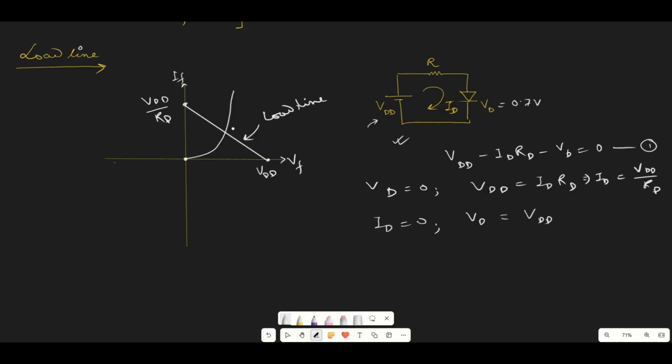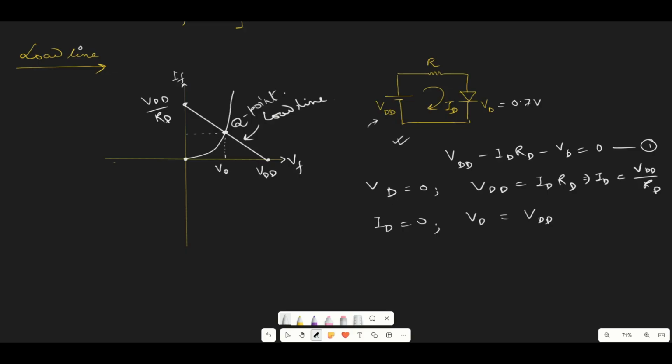And wherever it meets with the characteristics is known as the Q point, or quiescent point, or operating point of the diode. That means the diode is working at this point, which means the values of voltage and current are given by these two respective values.